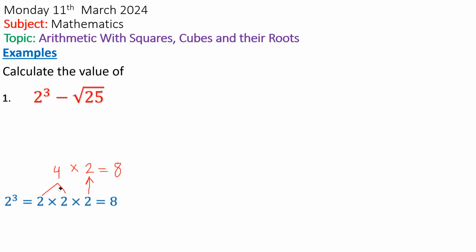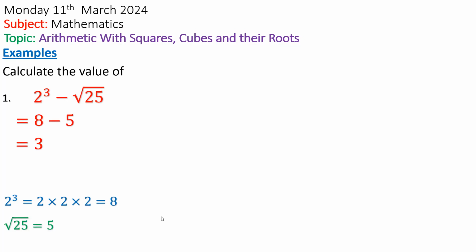Yes. And then we do the square root of 25. What's the square root of 25? 5. So what we have now is 8 minus 5. What's 8 minus 5? 3. Okay, so that's how we do it.